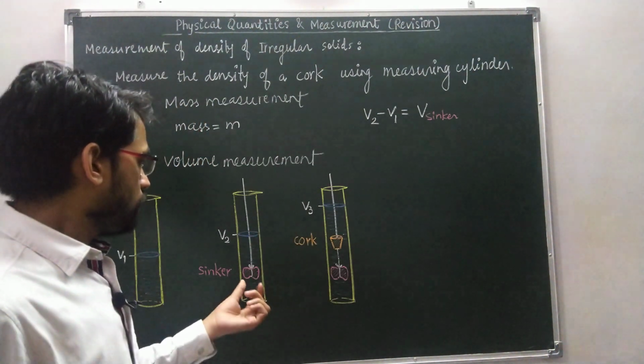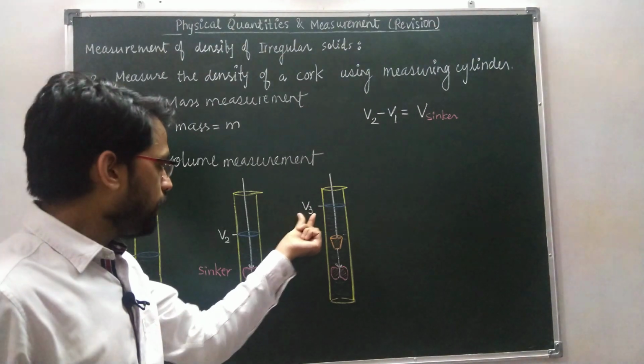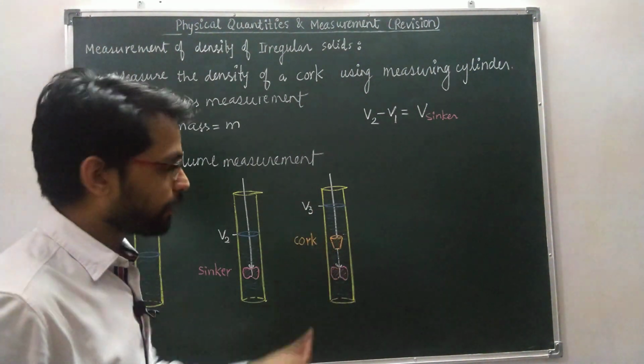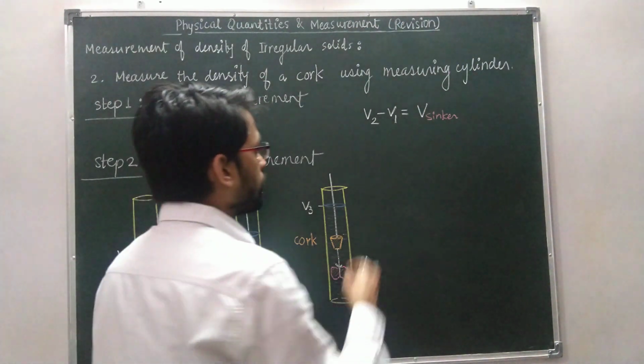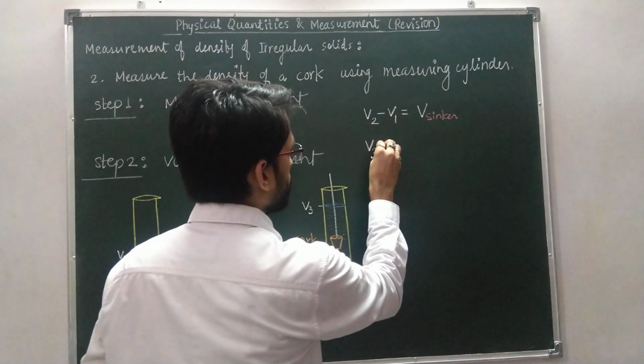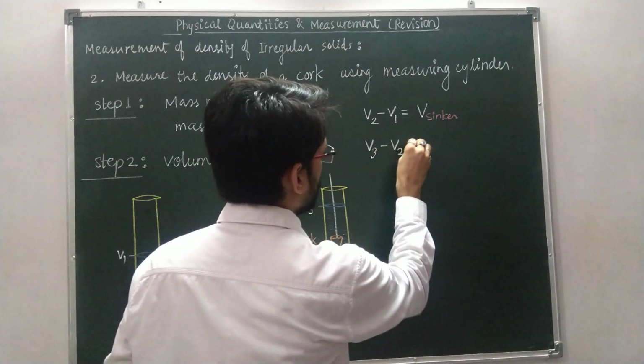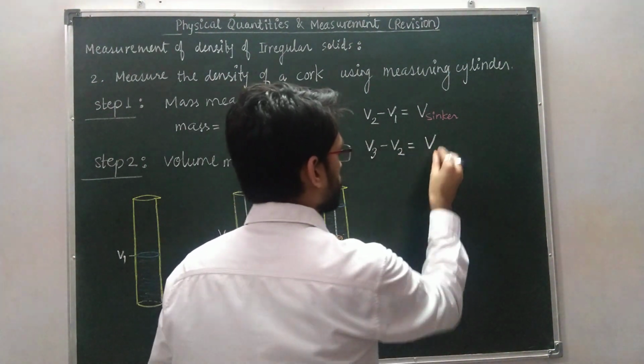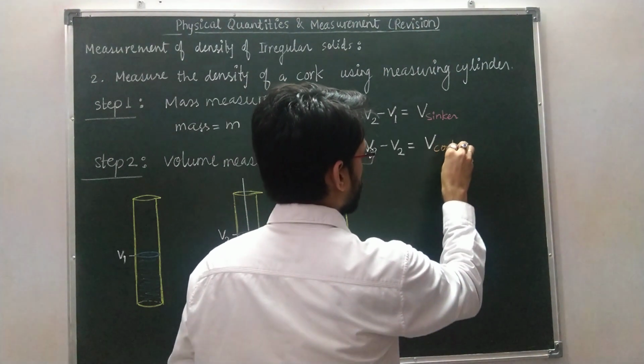Now here V3 minus V2 is the volume of the cork. So V3 minus V2 is the volume of the cork.